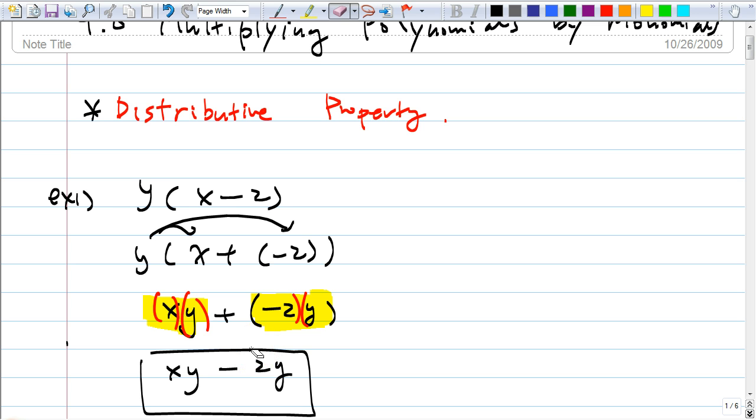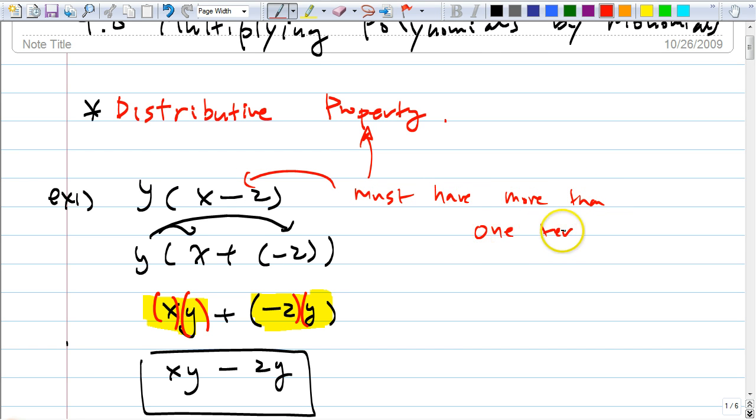Is that okay? And again, how many terms do we need inside here? If you're going to multiply a monomial times a binomial, to use the distributive property, you must have more than how many terms? More than one term. Please keep this in mind. People try to distribute if you have a monomial inside.